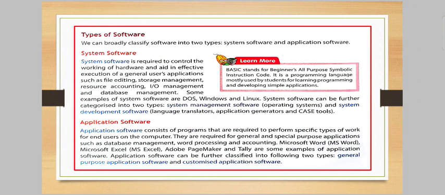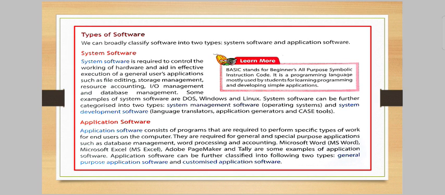Next is types of software. There are two types of software. First is system software, then is application software. So system software is required to control the working of hardware and aid in effective execution of general user application such as file editing, storage management, resource accounting, input output management and database management. Some example of system software are DOS, Windows and Linux.